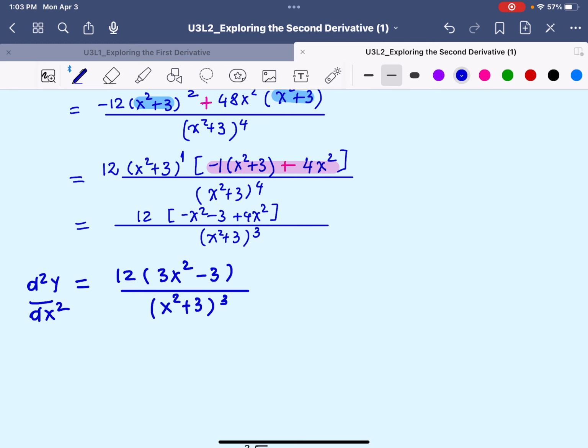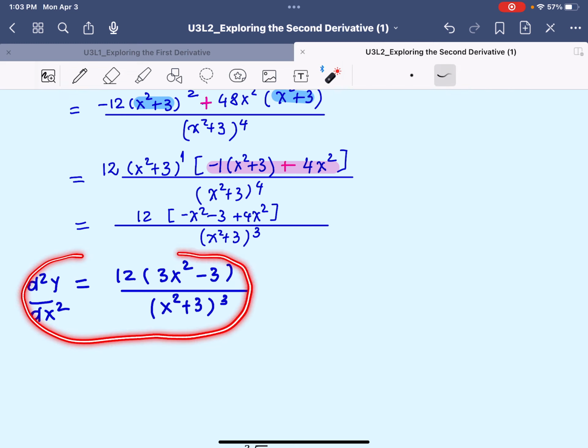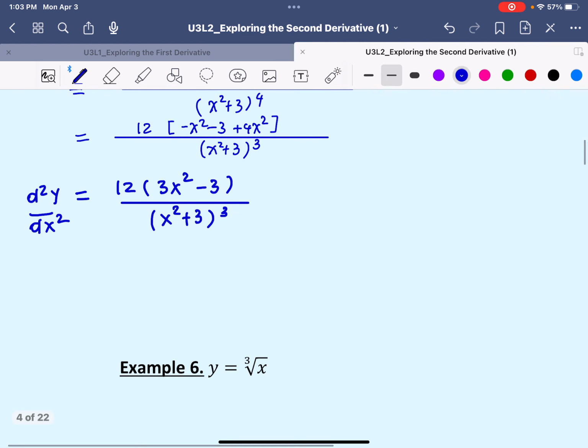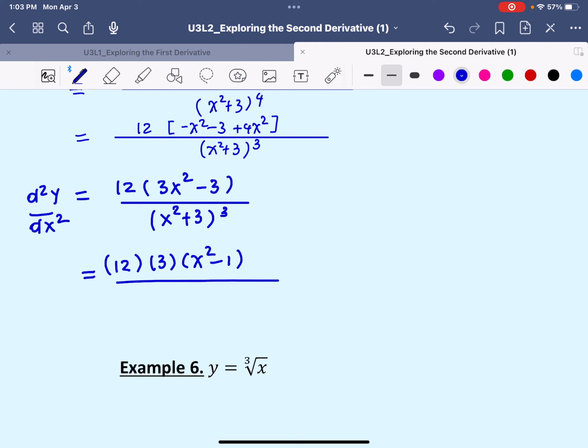So we're almost there actually, and we can use the equation of the second derivative as is, or we can factor it some more to prepare it in order to find the zeros. So in this case, what we have is also 12. We can take 3 out, and then we have x squared minus 1. Denominator x squared plus 3 to the power 3 still.